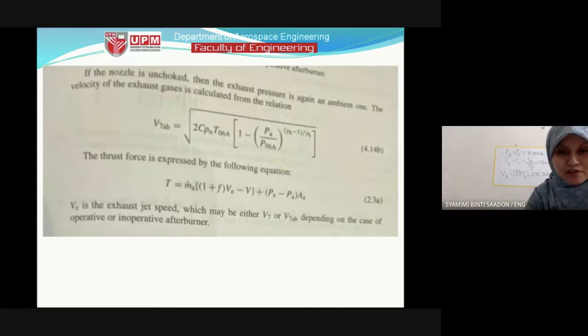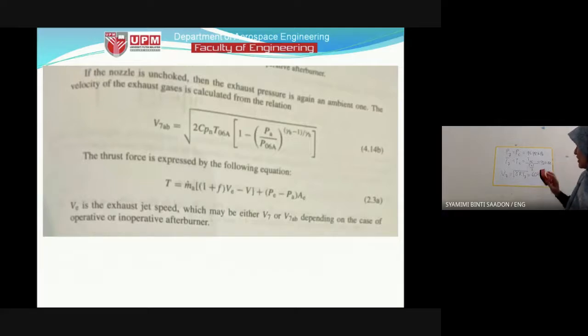We have all these values already, except we don't have MA. V7 is in meter per second. Okay, 608 velocity.